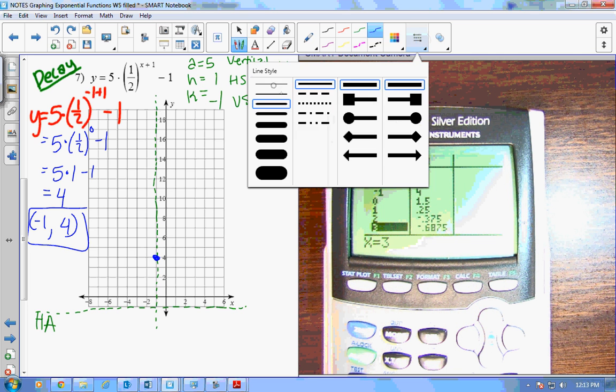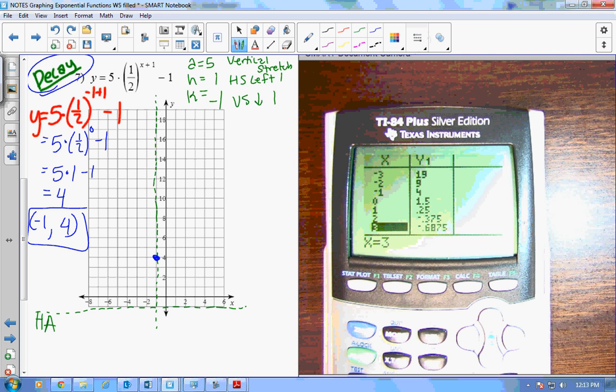And we make sure it's the decay as we said at the beginning. (-3, 19) I guess was right there. (-2, 9), that one's already done. (0, 1.5), (1, 0.25), smaller, oops. (2, -0.375).